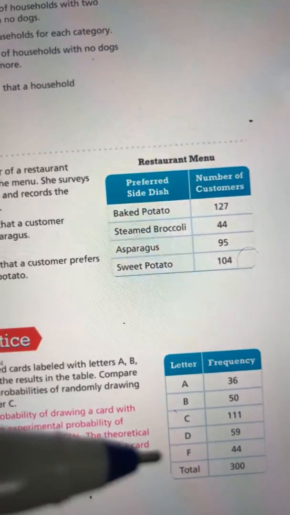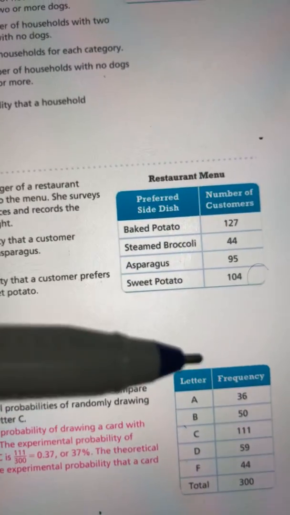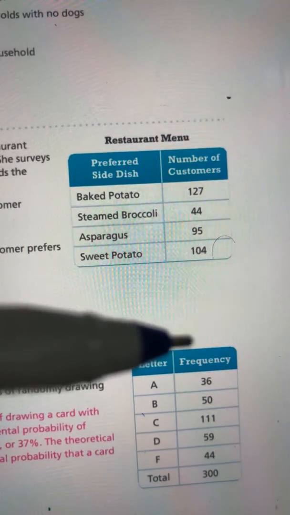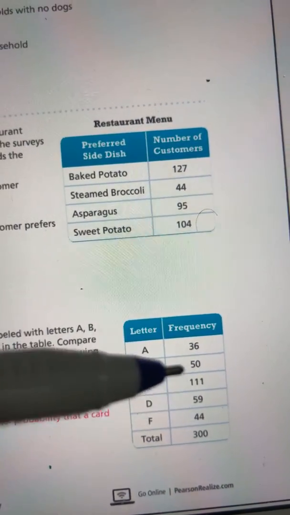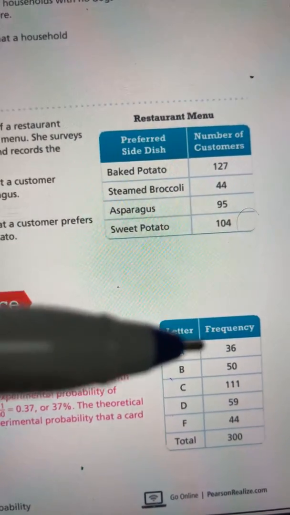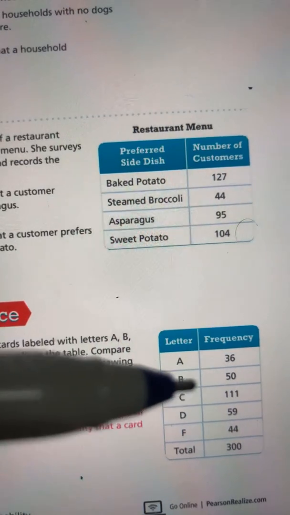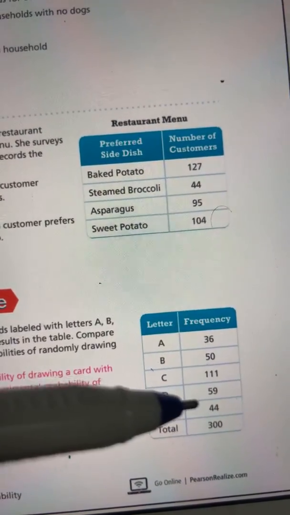When in an exam or in a quiz or in any test he asks you about experimental probability, we will use the frequency. Letter C has a frequency 111, and you divide it by the total. So 111 divided by 300.